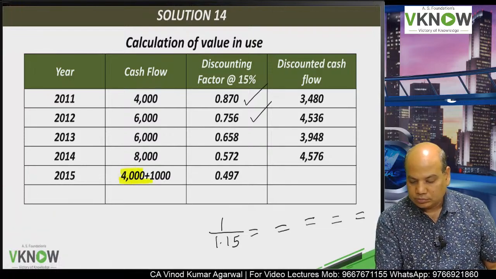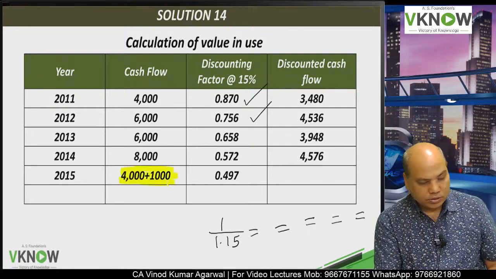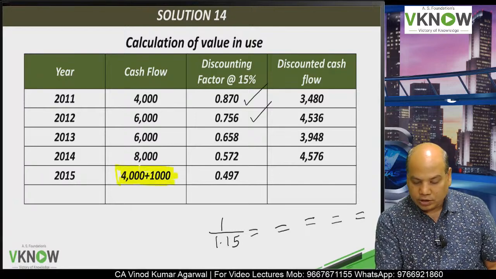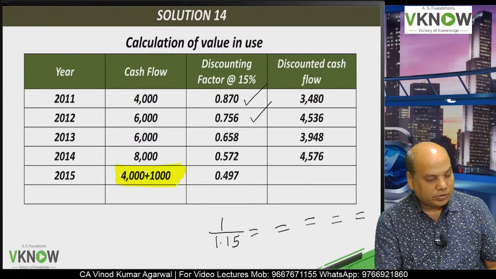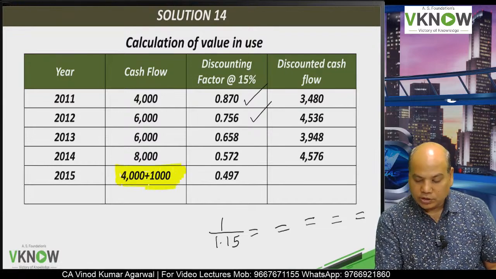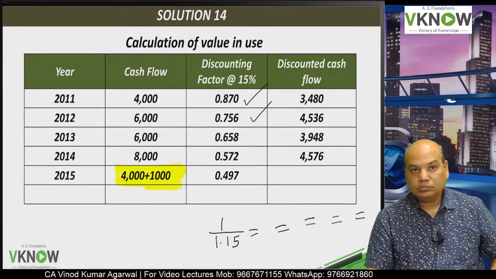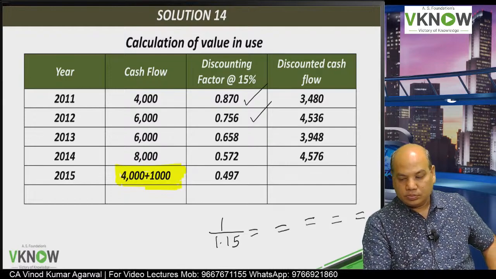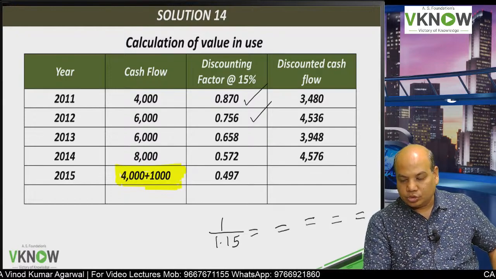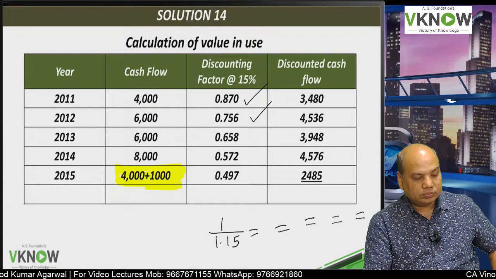Last year I will write two things. 4,000 I will write because cash flow and 1,000 is salvage value. Now what you do, tell me the total of the last column.